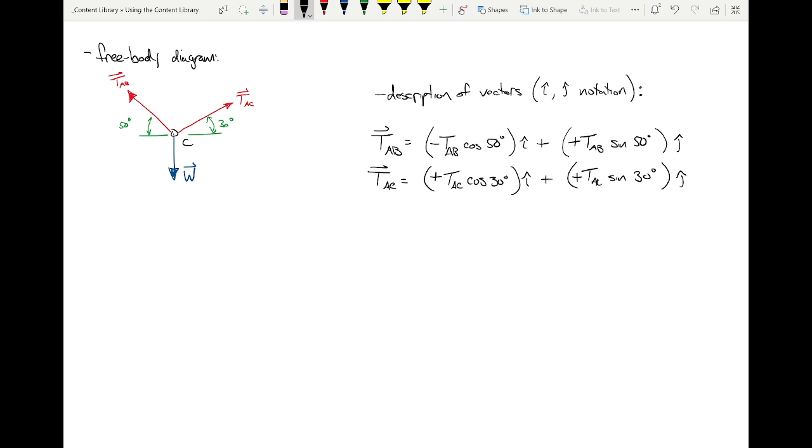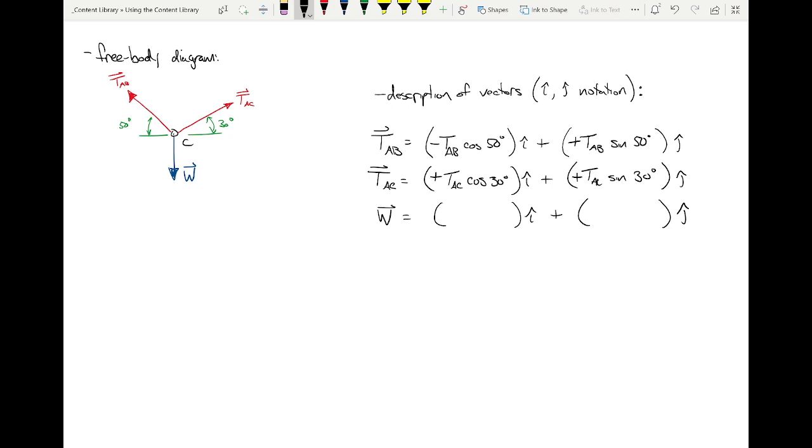We forgot that, so let's do the weight. The weight is going to be a pile of junk times I plus a pile of junk times J. What goes in here? 0. What goes in here? Mass times... well, true, but the problem gave it to us in pounds, so we don't have to do the conversion.